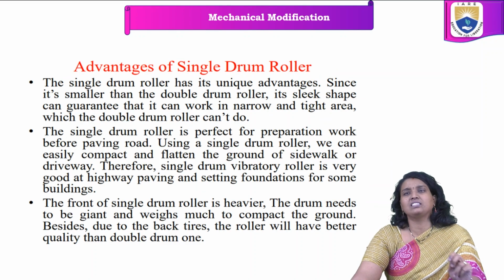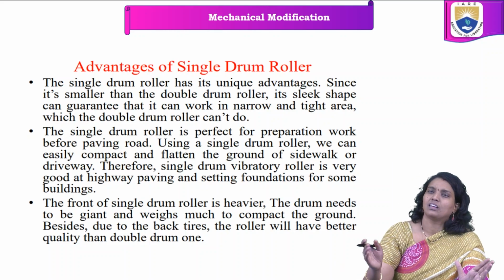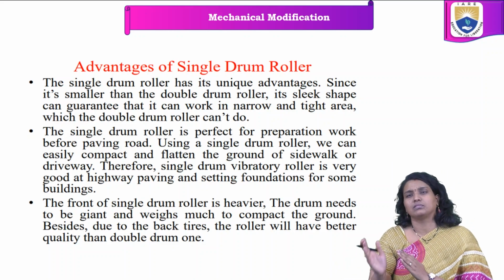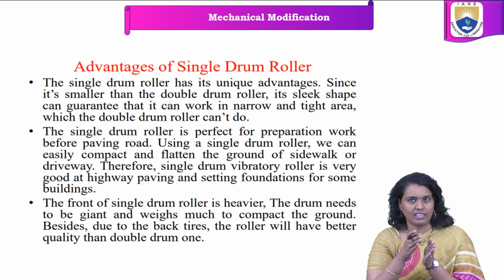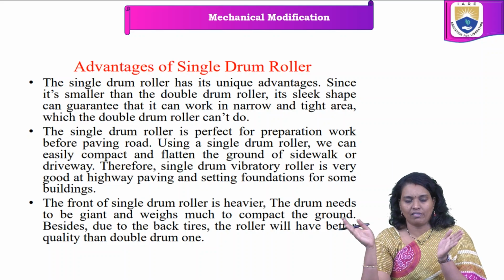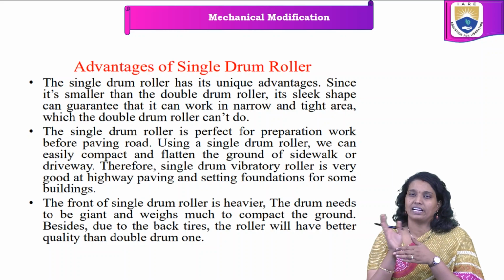Coming to the advantages, the single drum roller has its unique advantages compared to the double drum roller. Its sleek shape guarantees that it can work in narrow and tight areas which the double drum roller cannot, because its size is much smaller. Whenever the dimensions are smaller, it is useful when road work is going on in narrow and tight areas.